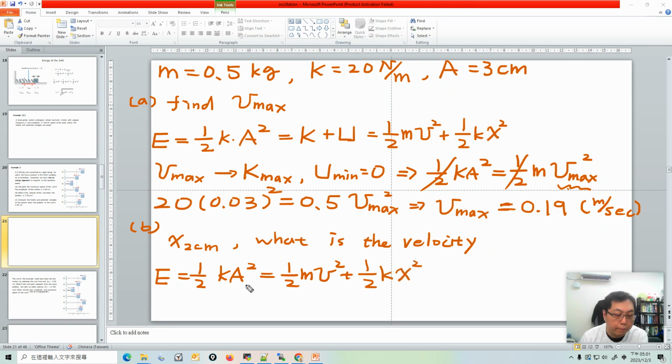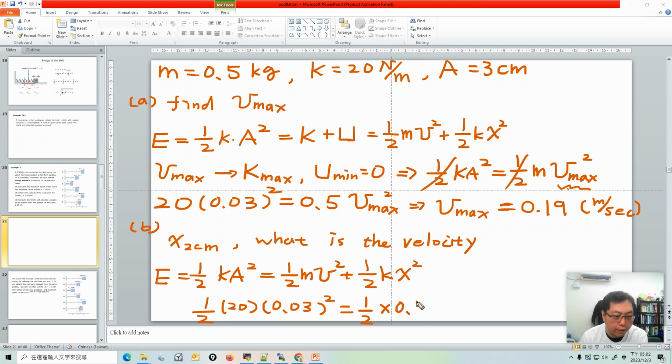The problem didn't change the amplitude, so the amplitude is the same. 1/2 k is 20, amplitude 0.03, and be careful, squared. Because the total energy of simple harmonic oscillation doesn't change, let's write 1/2 times 20 times 0.03 squared, and it's equal to the total energy, which never changes.